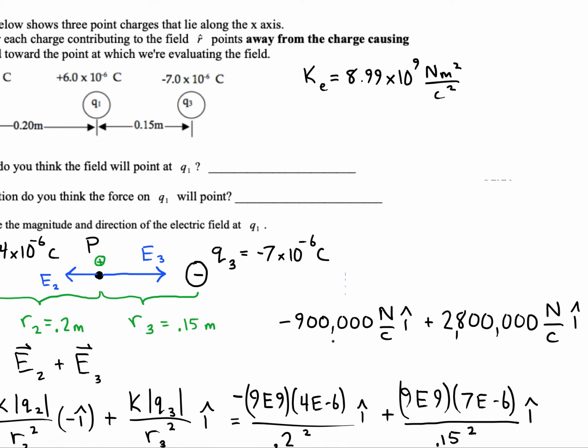Okay, and as we can see, our E2 here is smaller than our E3. And that should make sense according to the picture that we drew.